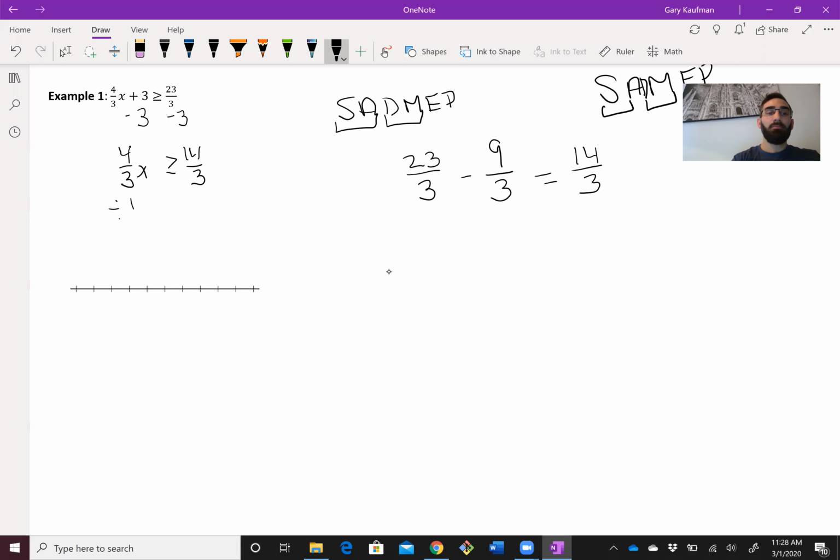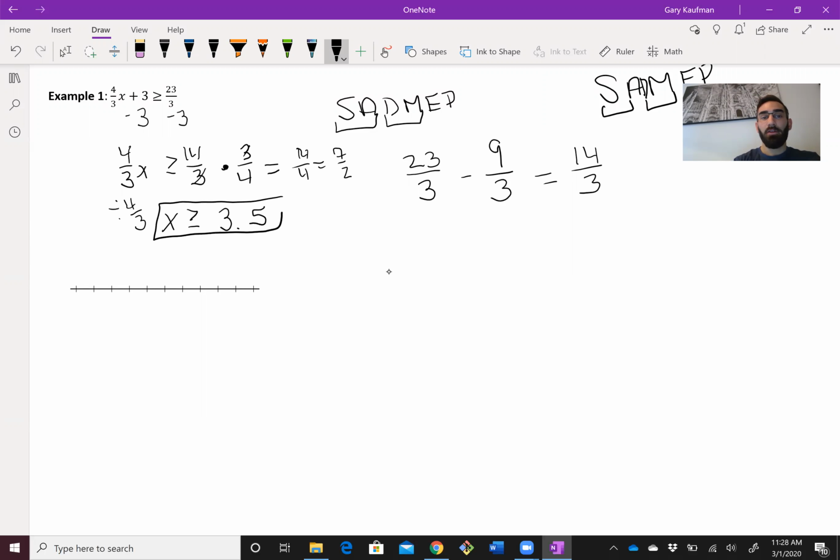I'm going to divide by 4 thirds, which is the same as multiplying by the reciprocal, which is 3/4. I can see that the 3's cancel out, and I end up getting x is greater than or equal to 14 over 4, which simplifies further to 7/2, which is 3.5. x is greater than or equal to 3.5.